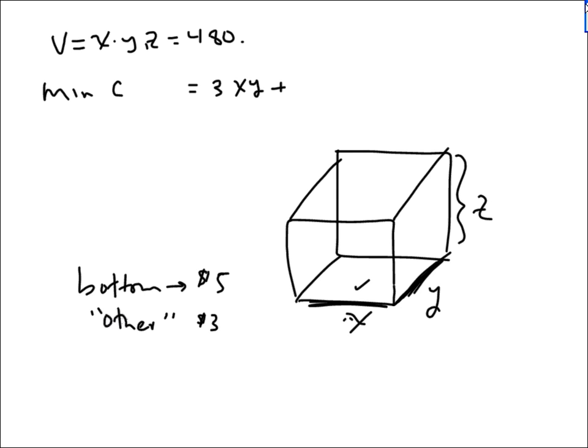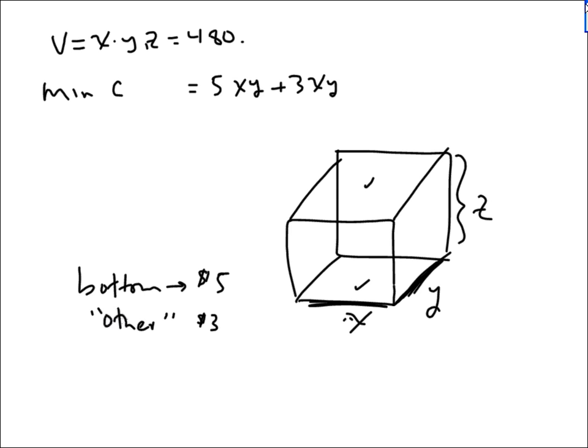So the bottom is xy, and all of the bottom costs $5. And we have 5 other sides. The top area is xy, but it only costs $3. So we did the top and the bottom. Now we need to do the left and right side, and the front and the back.